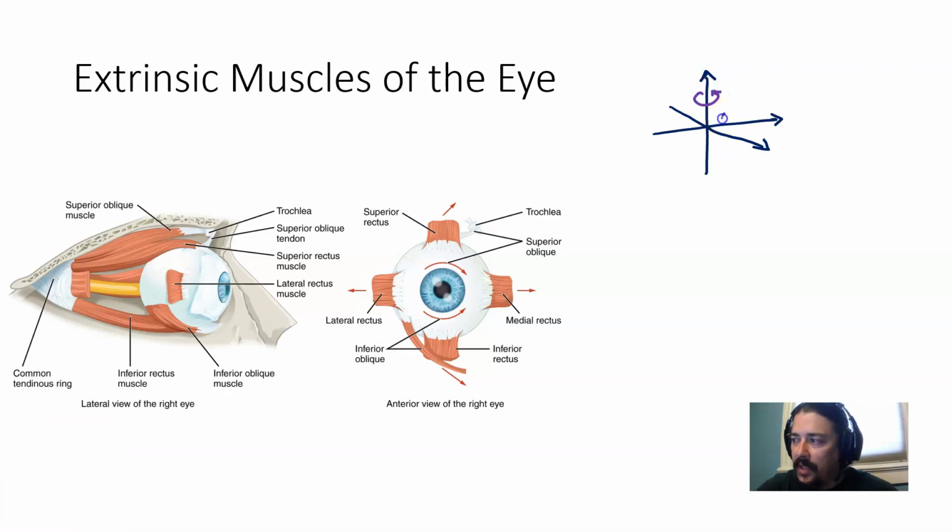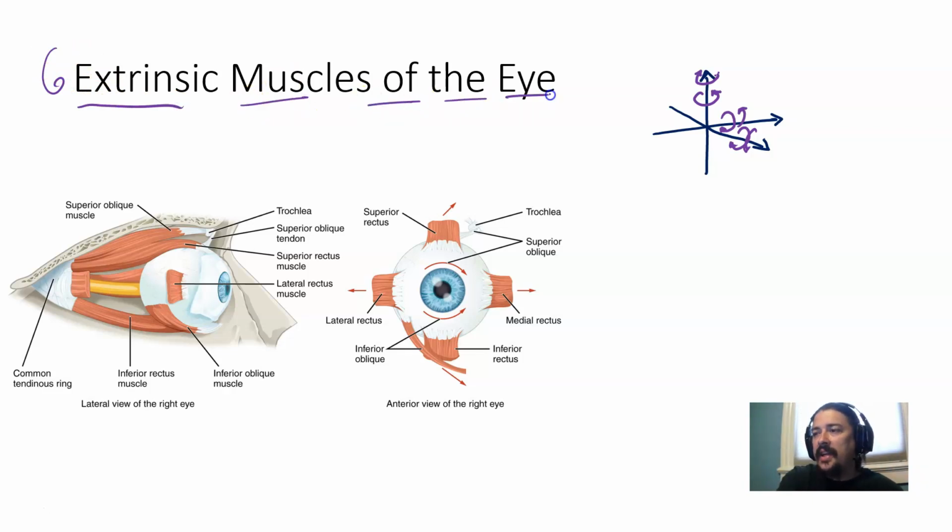If you're into planes and space, you might know pitch, roll, and yaw. But basically, for each axis, you can move your eye in two directions. So you need two muscles for each dimension, meaning you have a total of six extrinsic muscles of the eye that help orient your eye in space.